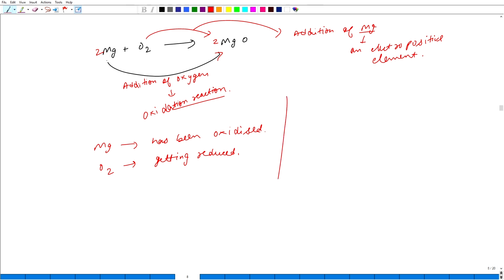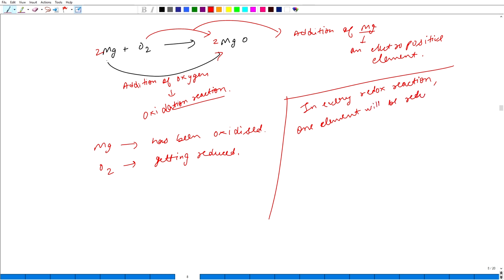Okay. So, that means, in every redox reaction, one part, or let us say one element, will get reduced and the other will get oxidized.